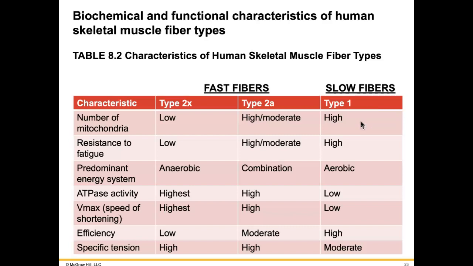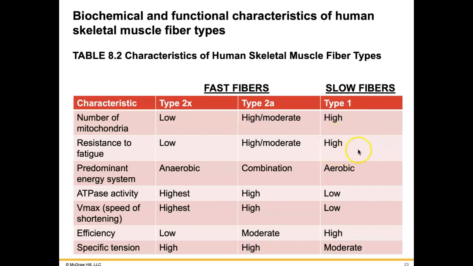And this makes sense because we know that our mitochondria are needed to create lots of ATP, in which we would use more of our slow twitch muscle fibers to go through the oxidative phosphorylation process to crank out lots of ATP. And with that, it's going to match the resistance that we have.